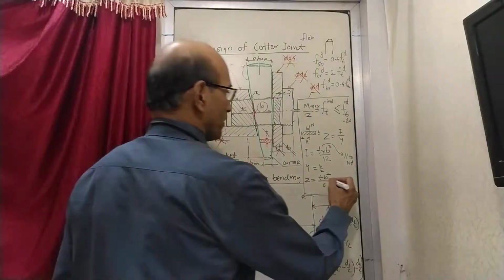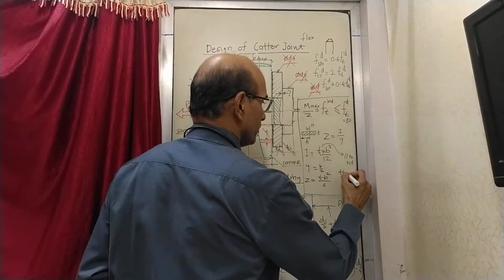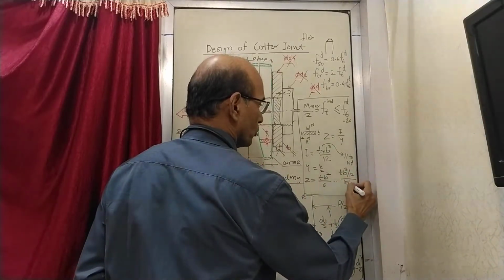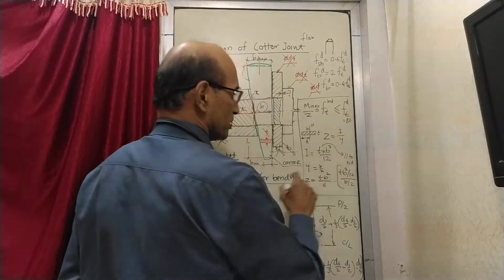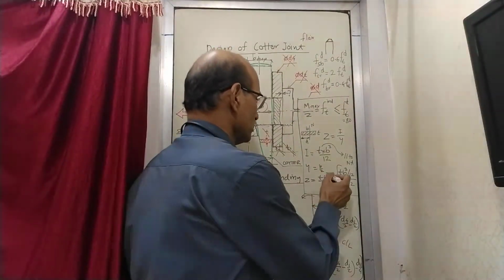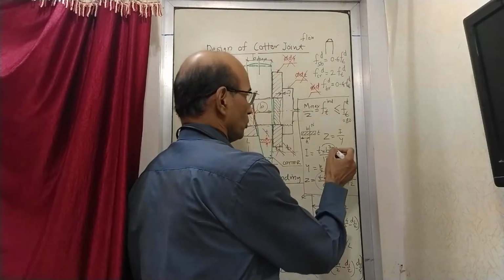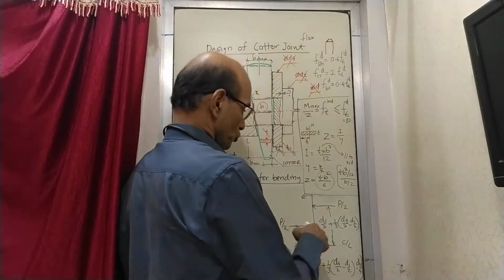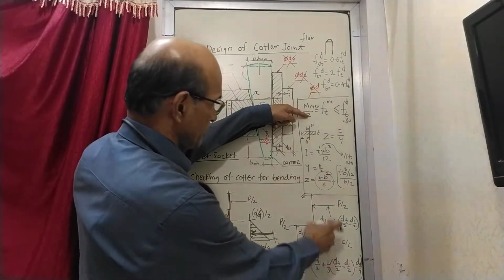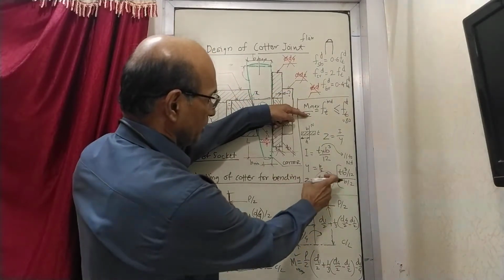TB square by 6. Why? Because you say TB cube by 12 divided by B by 2. So if you solve this, it becomes TB square by 6. So you know Z, you know M. So M is this, Z is this, and it is all containing the given value.